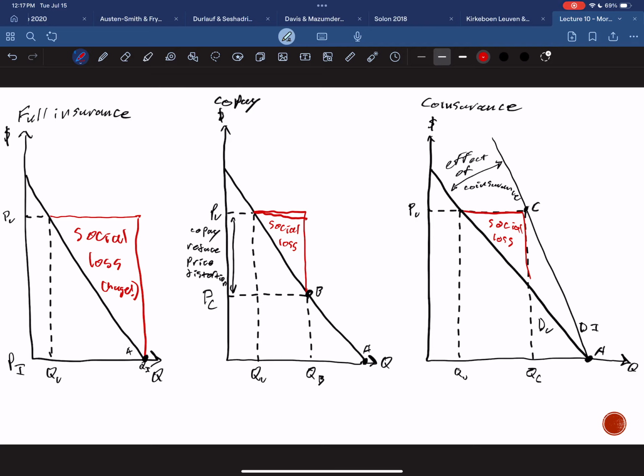This can be paired with copay or coinsurance, but it is separate from them. Copay says every time you go to the doctor, you pay $100, for instance, and then the insurance company pays the rest. Coinsurance says the insurance pays a certain percentage of the treatment, and you pay the rest.